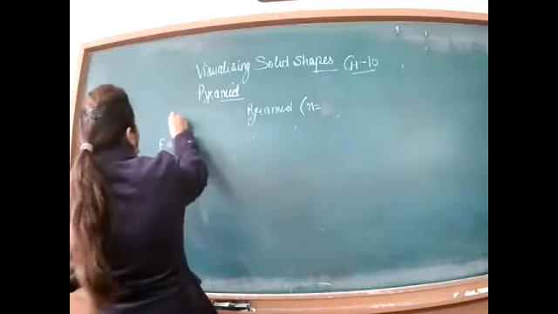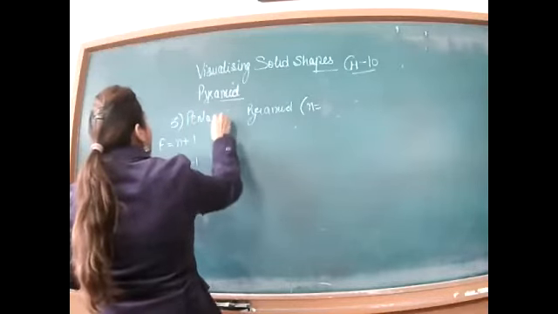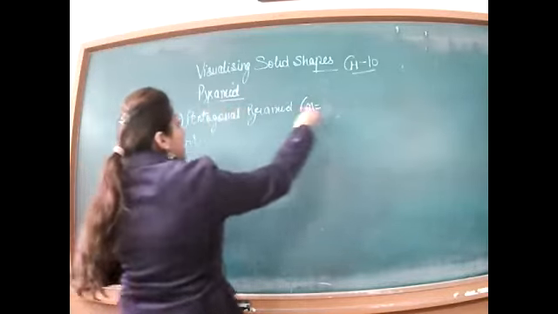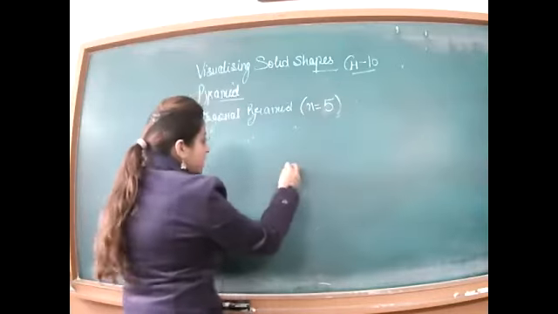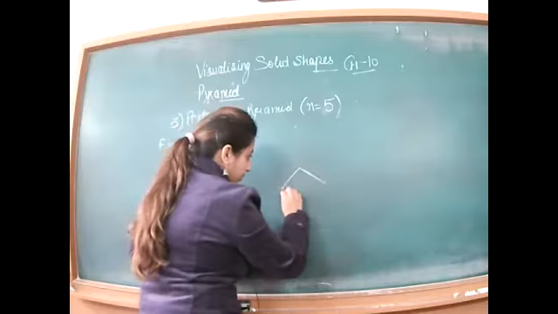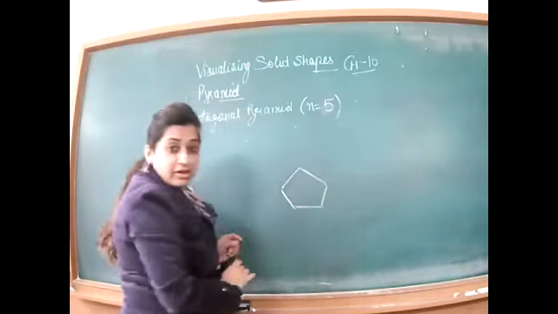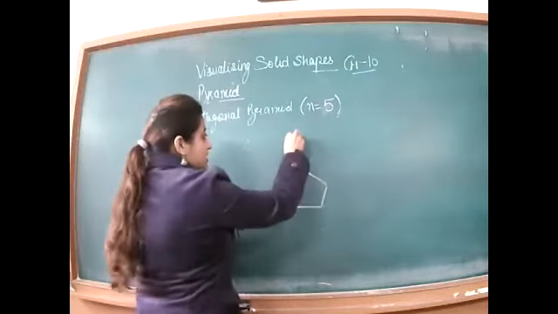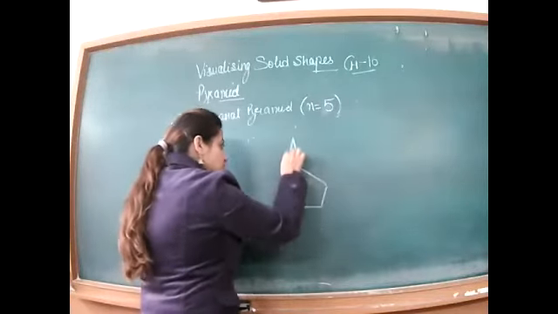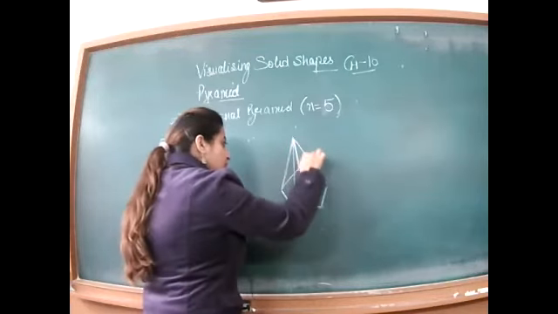So we are talking about the third example, that is pentagonal pyramid, and the pentagon is having 5 sides. So you will draw the pentagon in this manner. This is your pentagon. Now let's take a common vertex here, and this common vertex is joined to all the vertices of the base.